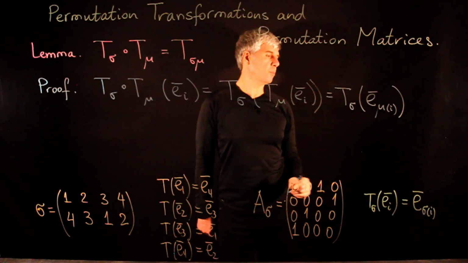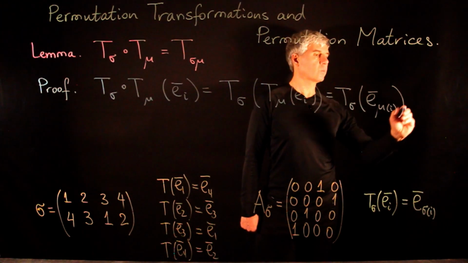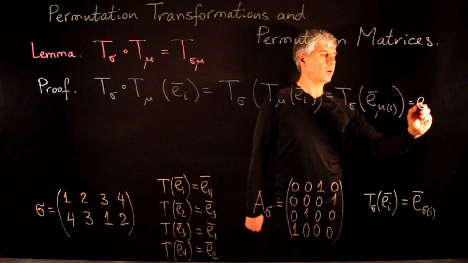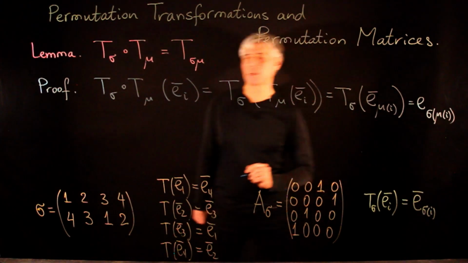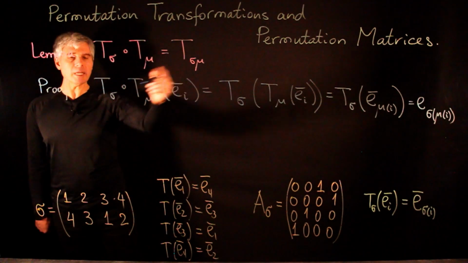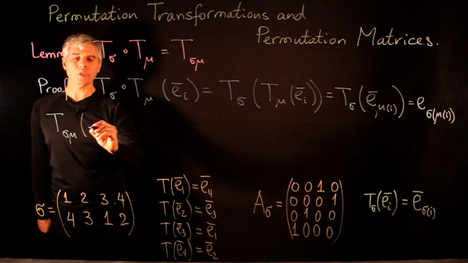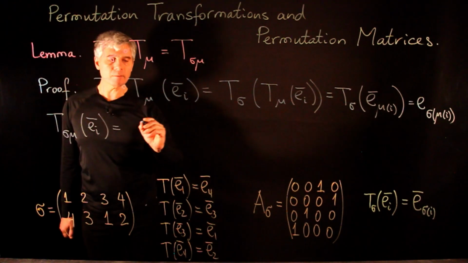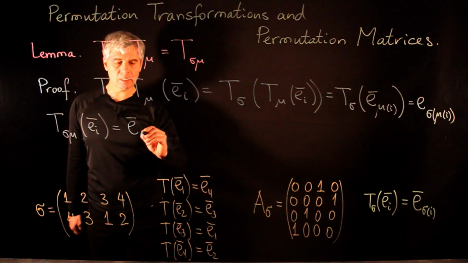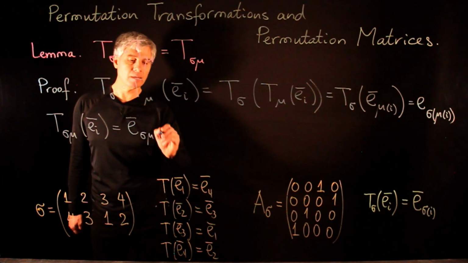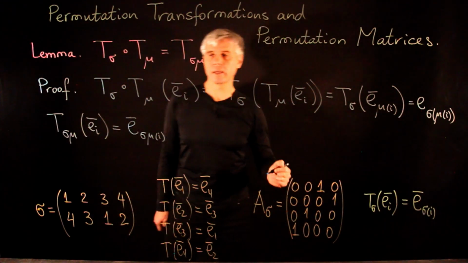And then applying this definition once again, we get that this is e_sigma(mu(i)). Now, if we take the right-hand side, T sigma mu applied to e_i, then by the same definition, this is e with index sigma mu of i. And we see that we obtain the same result as here.